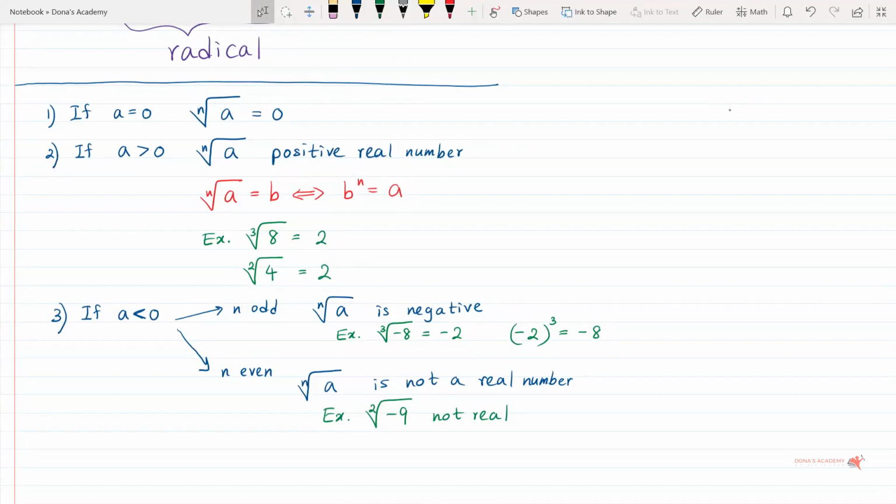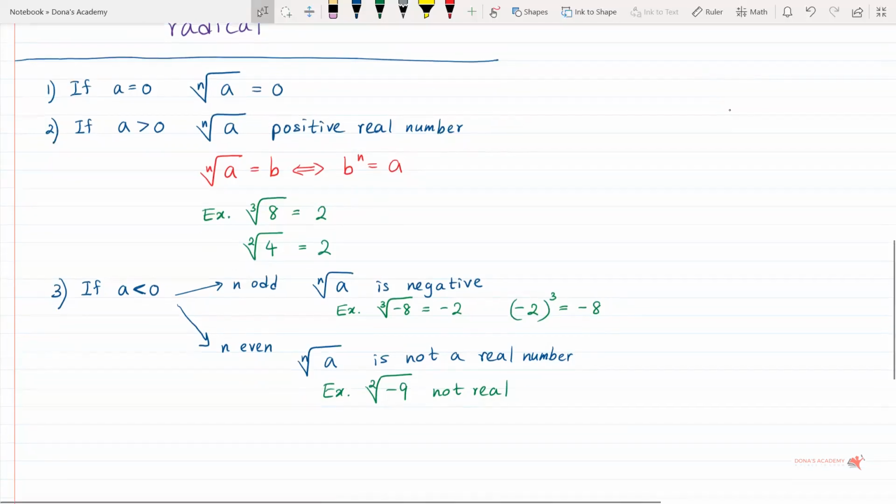However, when it comes to the negative case, if a is negative, we have to consider two cases, an odd and an even case. In the odd case, the radical is going to be negative. In the even case, it is not going to be a real number. We can't define it as a real number. So these are some very important cases you have to remember.